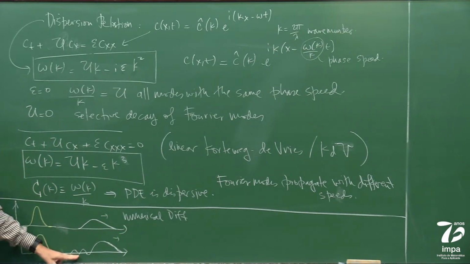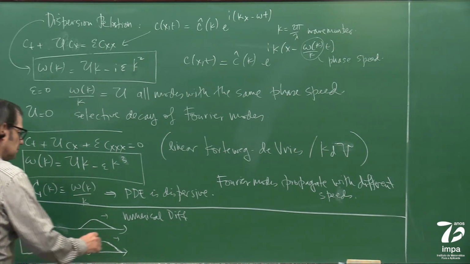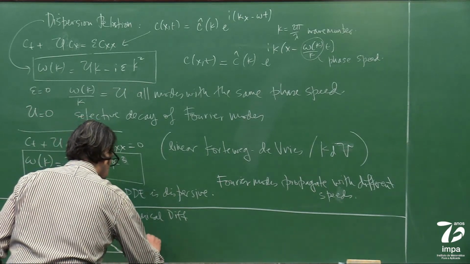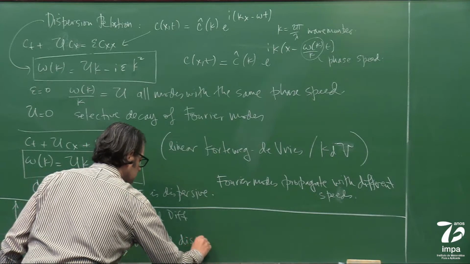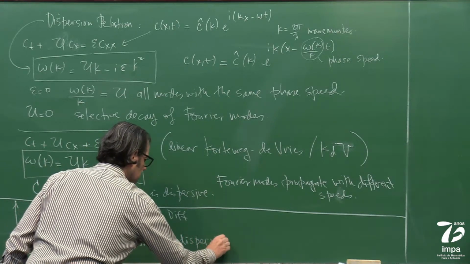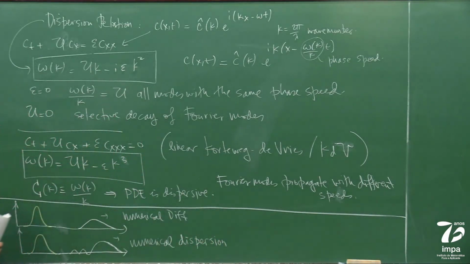You will see this oscillatory tail starting to form and increase, and this is a sign of numerical dispersion. Okay, high frequencies falling behind.